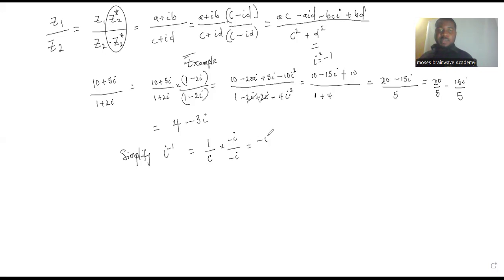This is going to give me minus I upon minus I squared. This is minus I. What's I squared? I squared is minus 1. So this is minus I upon 1, which is minus I. How cool is this?